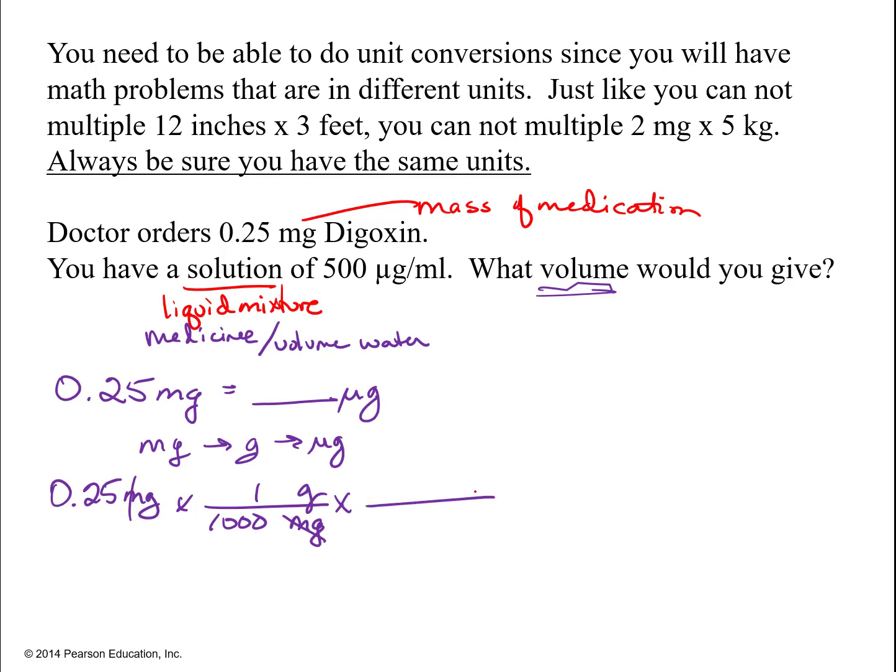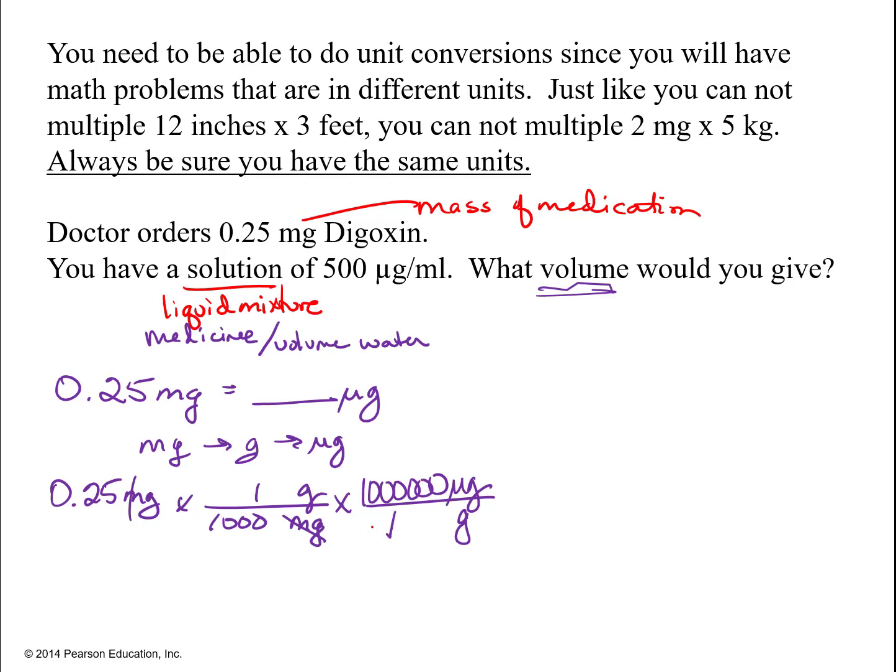So second step, I've got to do the second arrow. What goes on the bottom this time? Grams. And on top, the mu, the microgram. What goes in front of the mu? A million. And grams gets a 1.